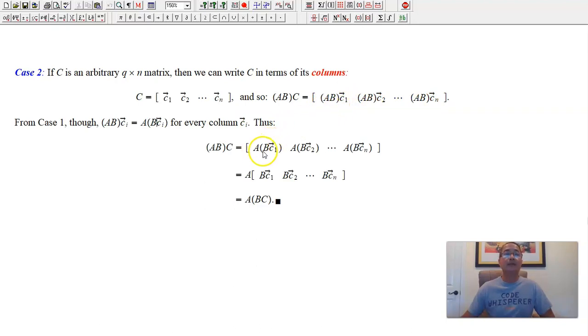That's the same as A times quantity BC1. And that's A times quantity BC2, and so on.